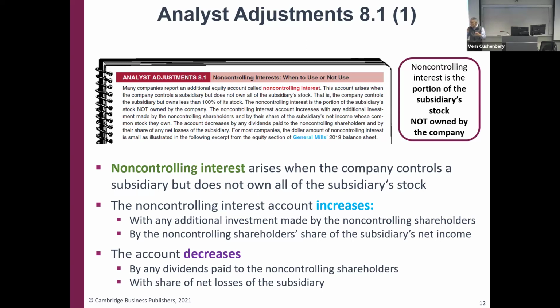But when you do that, you're acting as if you own 100% of all subsidiaries. So you go through this process and you get to the bottom of the income statement. And GAAP forces you to recognize that, hey, we don't own 100% of all those subsidiaries. There's 5% of those earnings that are actually attributable to somebody else. And we call that a non-controlling interest.